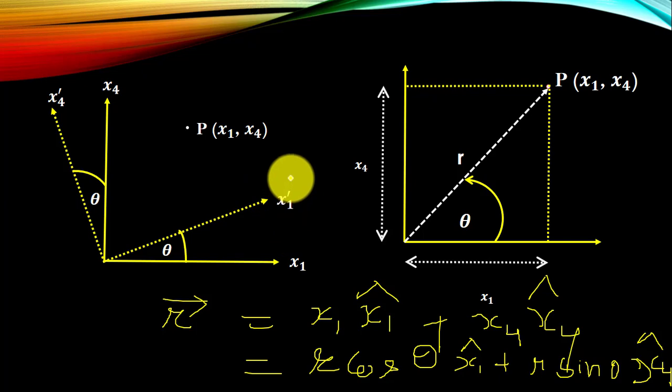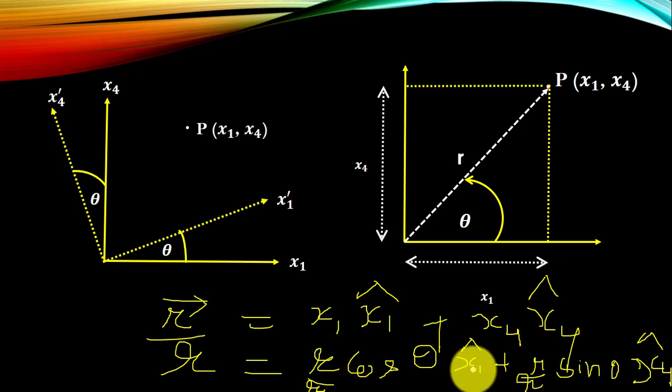Considering this particular example, if I take only the unit vector here, then I would divide by the magnitude of this vector, which is r. If I divide it by r, what I will get is cos theta x1 cap plus sin theta x4 cap. So this will give me the unit vector in this particular direction.